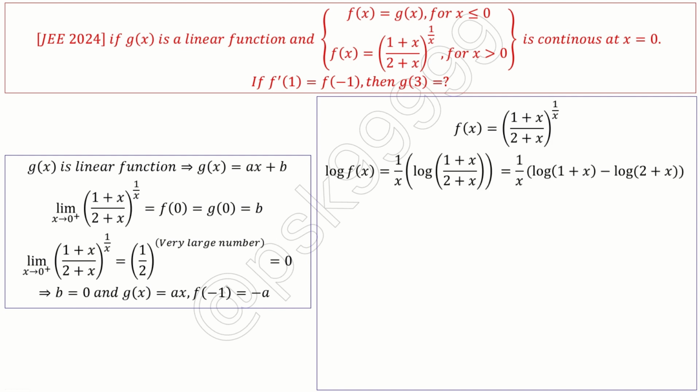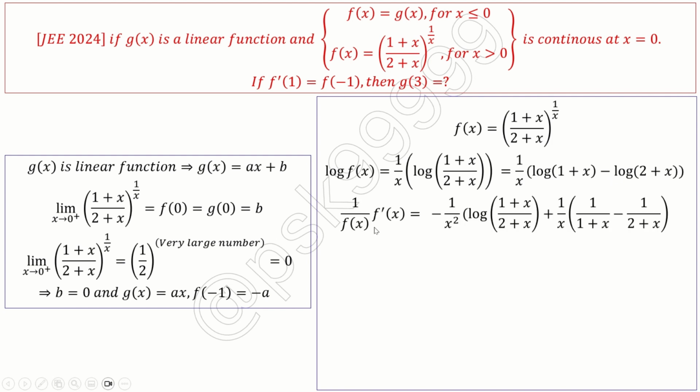Now when you have a function defined as g of x to the power of h of x and you want a derivative, then you will use logarithm, correct? So I applied logarithm here on both sides. So log of f of x equals 1 by x into log of this value, which is nothing but 1 by x into (log of 1 plus x minus log of 2 plus x). Now if I differentiate, this will become 1 by f of x into f dash x, which is equal to this value, the differentiation of this expression here.